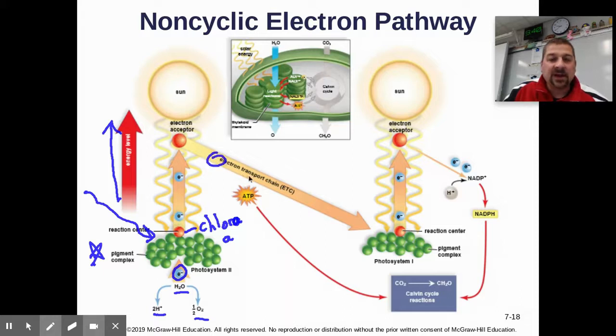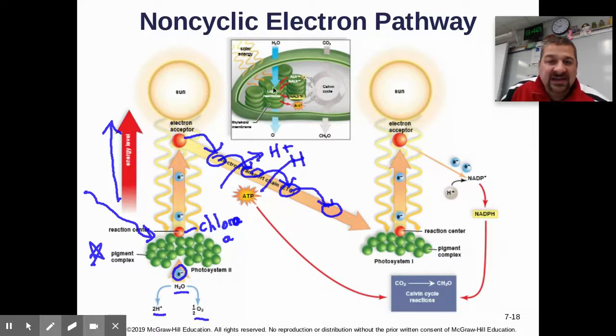And then you have these little carriers here where the electron is going to be passed from carrier to carrier. And when it's doing that, it's going to pump hydrogen ions into the thylakoid space. And these are going to build up in here.